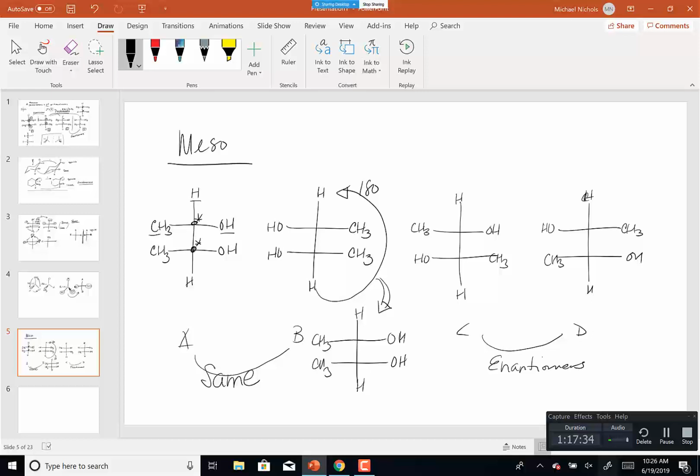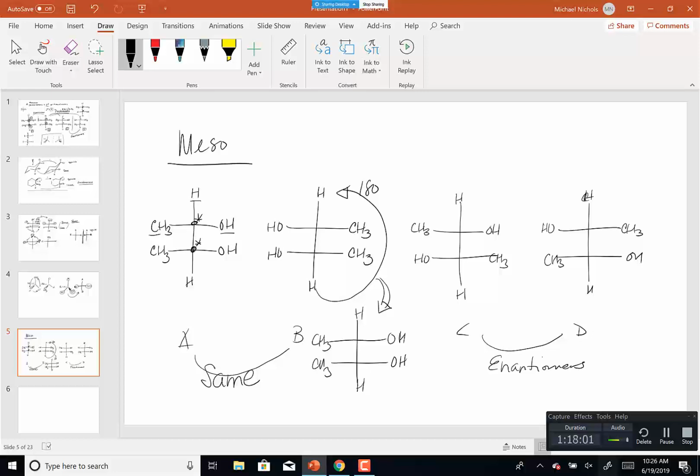So this is a new kind of compound. Because my definition of this would be, these are molecules with chiral centers, but they're superimposable on each other. Technically, are those molecules chiral?